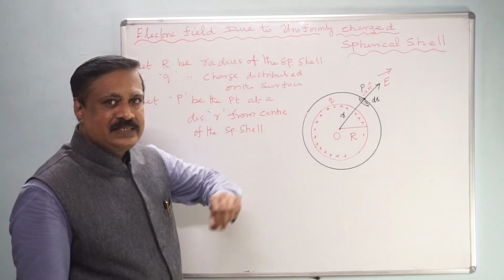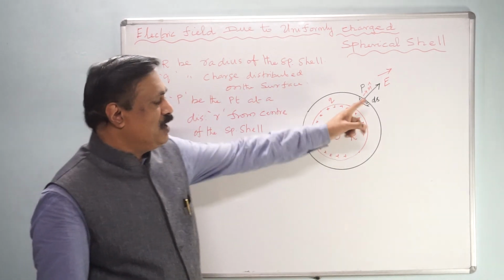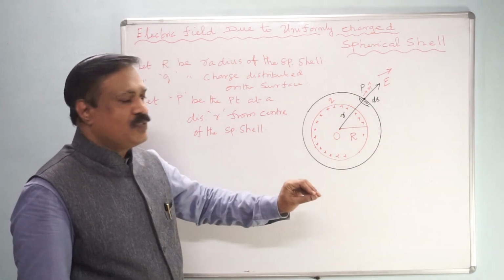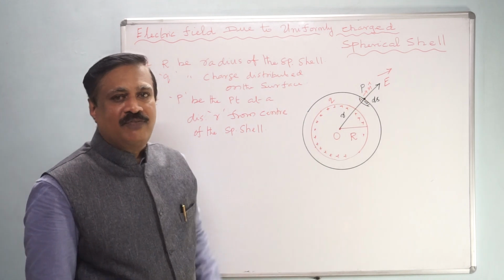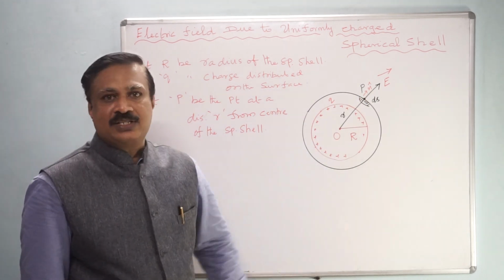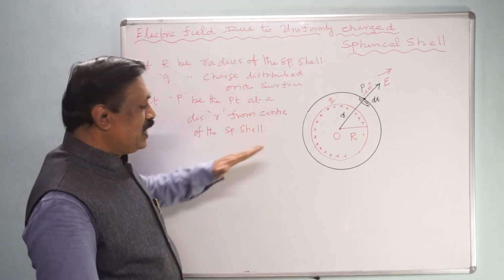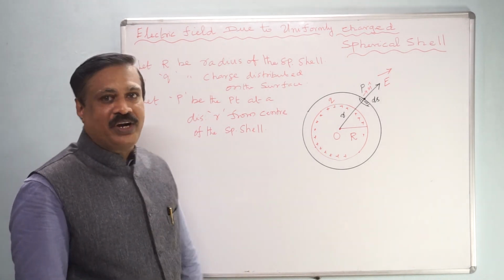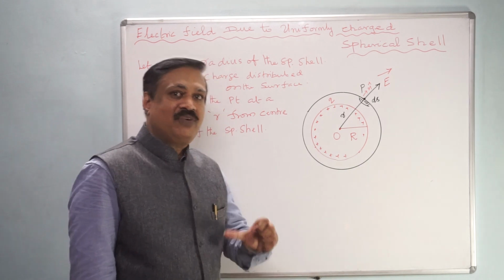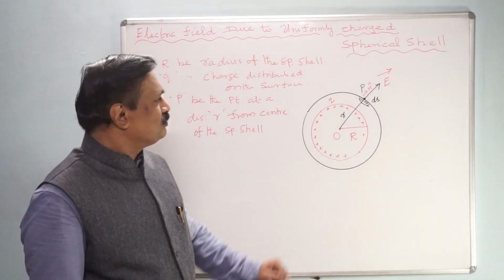Next we consider a point P at a distance r from the center of the spherical shell. Just write 3 or 4 lines like "let", and after that go for the derivation. It will add value to your presentation.